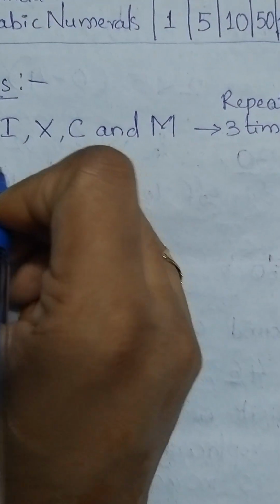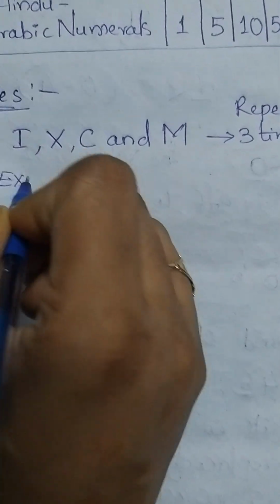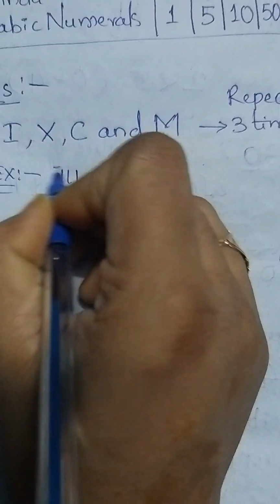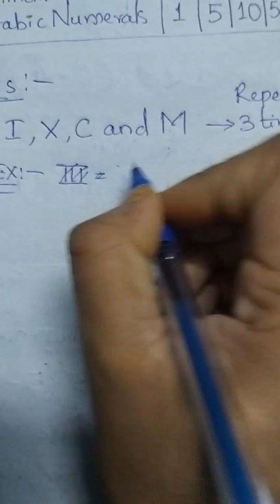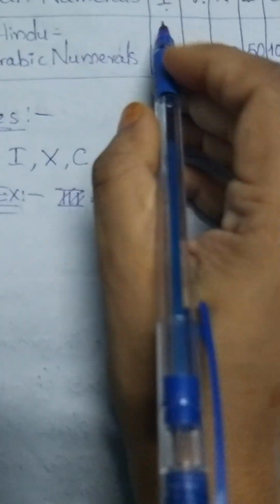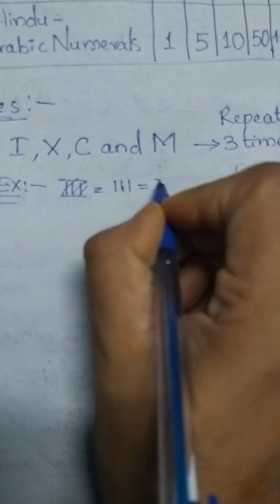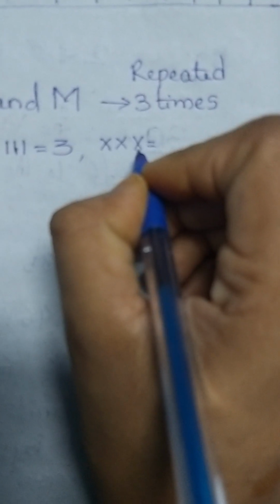For example, this is 3, children. 3 means I is repeated 3 times: I I I is 3. And X X X: X value is 10, so 10 plus 10 plus 10 is 30.